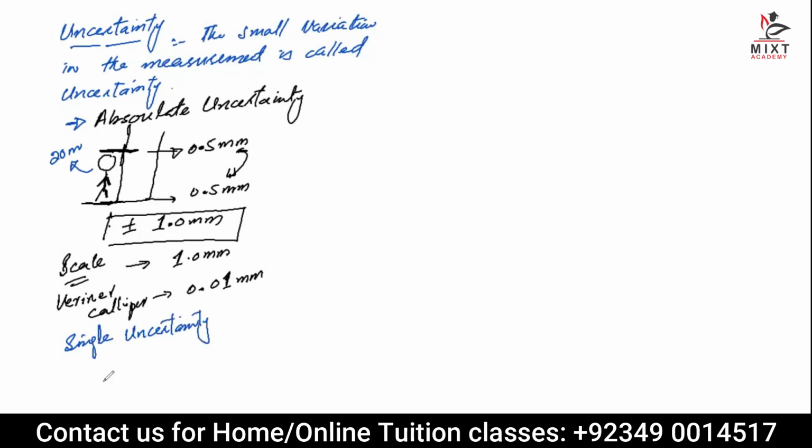I will write 20 millimeter plus or minus 1.0 millimeter. This is my measured value, and this is my absolute uncertainty.